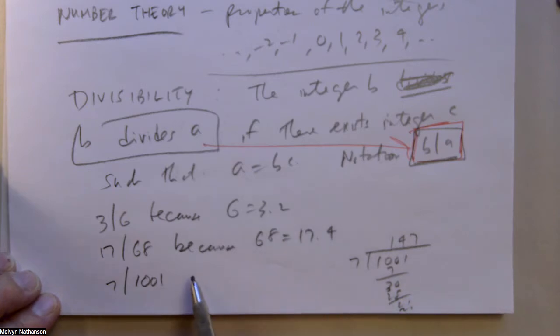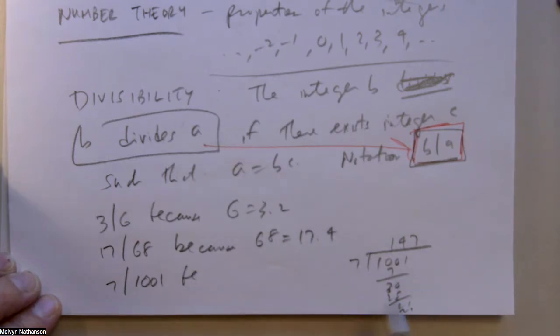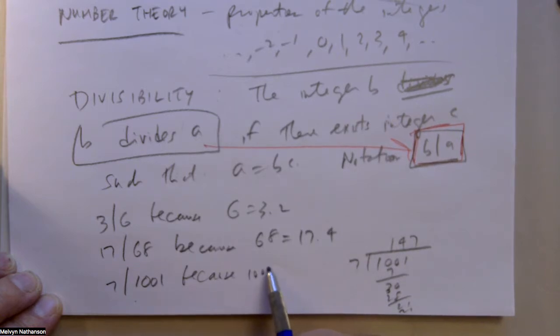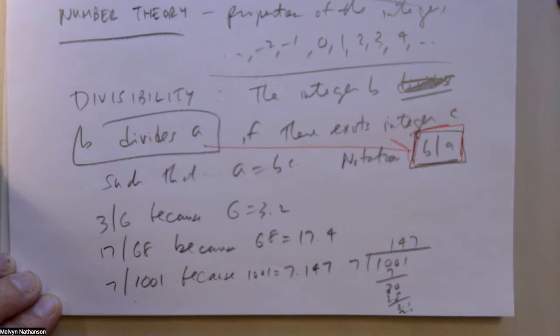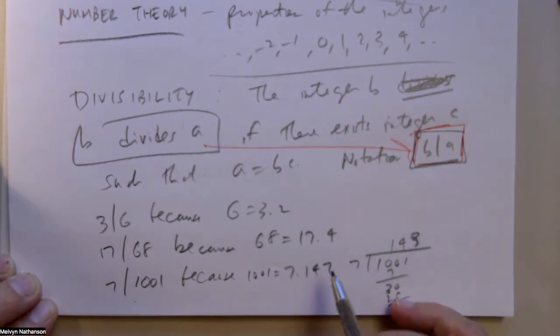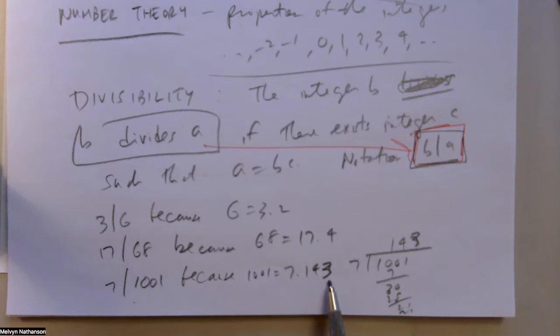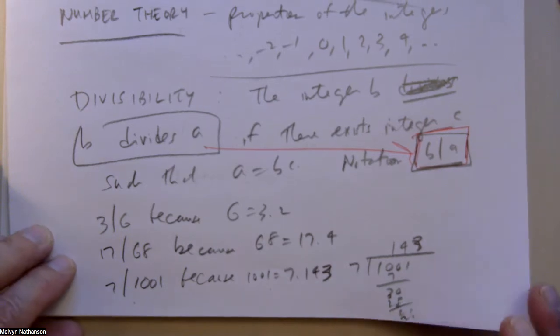So 7 divides 1001 because 1001 is 7 times 147. Oops. Sorry, 143. I have to do my division correctly. So 7 times 143 is 1001. So 7 divides 1001.